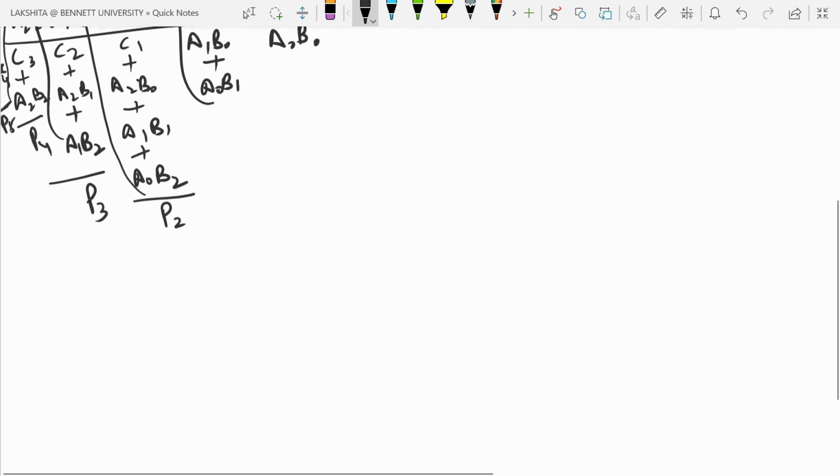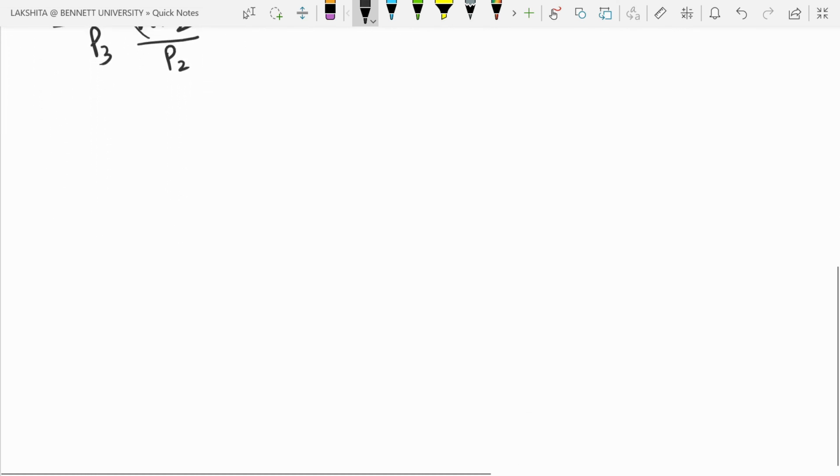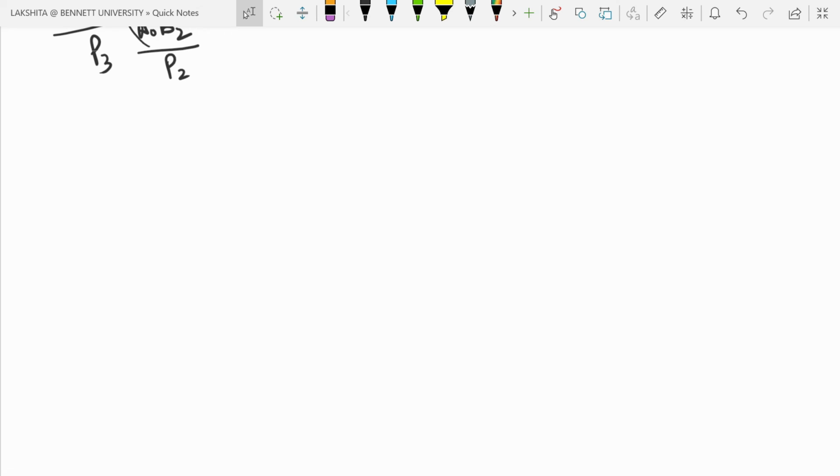So let us draw the circuit of the 3-bit multiplier. Similarly, we'll write the numbers first, that is A2, A1, A0, B2, B1 and B0.